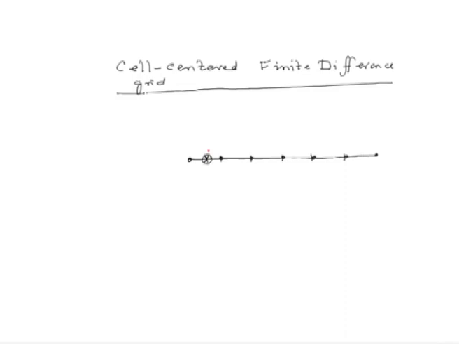Each of these divisions, let us call a cell, and our computational nodes, which I would now put with a filled circle, are our computational grid points.